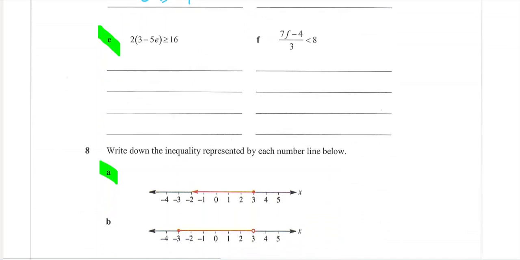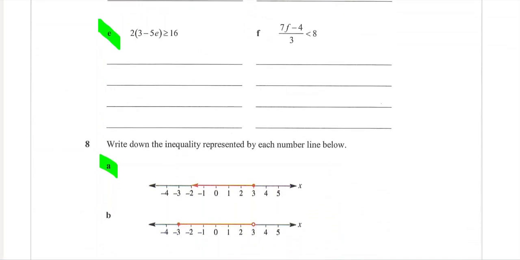E is a harder version. I have brackets. If I have brackets, I said I was always just going to keep it simple and expand them. So expanding, 2 times 3 is 6, 2 times minus 5 is minus 10e, is greater than or equal to 16. So the brackets are gone. Next step, what should I do? Which number? The 6, good, minus 6. So minus 6 here, minus 6 there. So we get negative 10e is greater than or equal to 10.